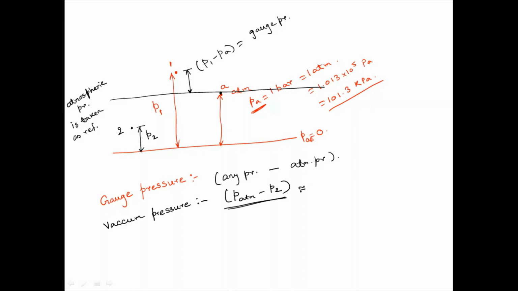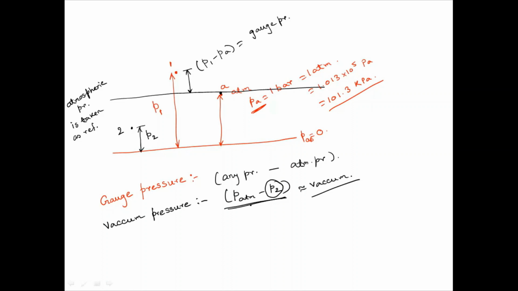That much amount of vacuum is there. Here, P2 is less than the atmospheric pressure, so it is under vacuum.